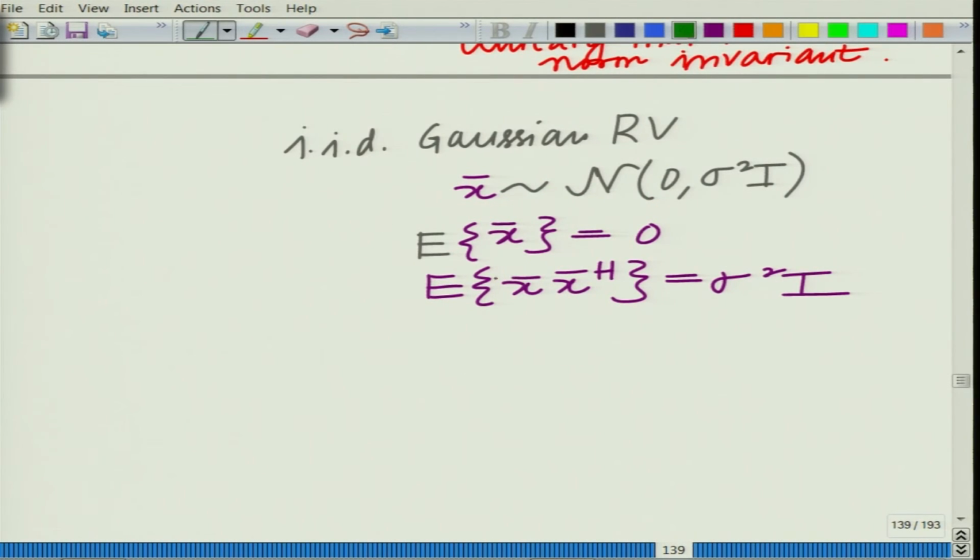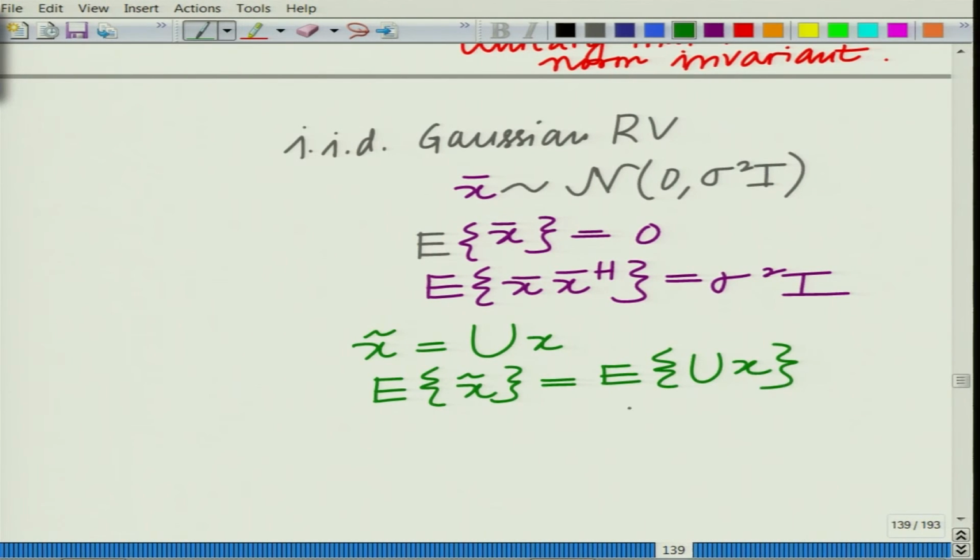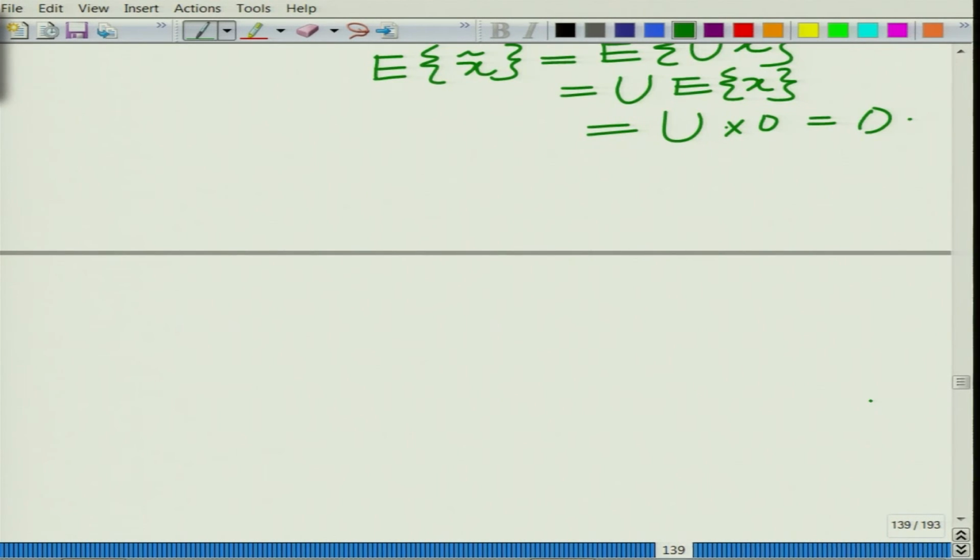Now, if you have x tilde equal to u times x bar, it is not difficult to see that expected value of x tilde equals u times expected value of x bar, which equals u times 0, which is 0.